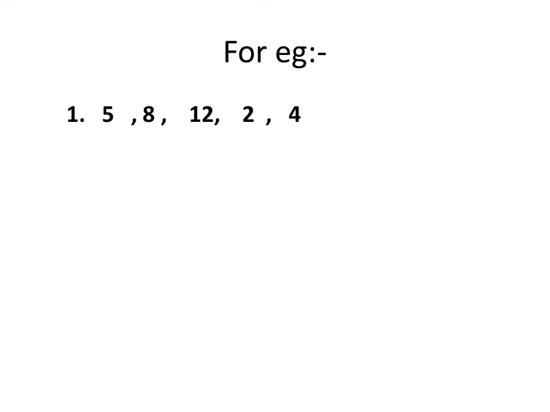So the greatest number is 12 because there are two digits in it. So we will write 12 first, then after 12 we compare the other numbers. After 12, 8 will come, then 5, then 4 and last 2 will come.